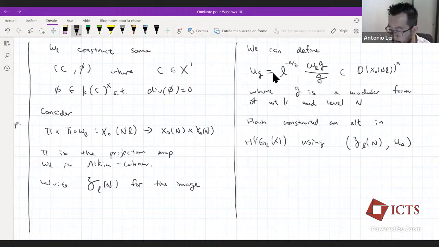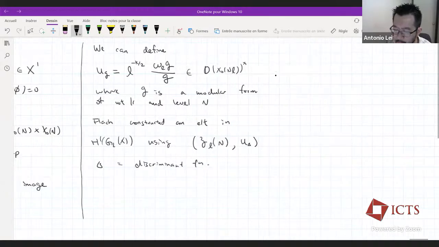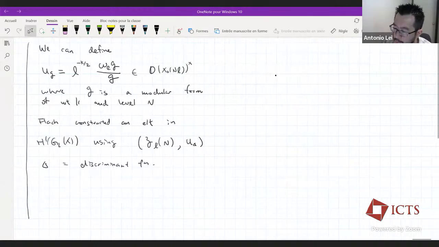So delta is the discriminant function, the weight 12 modular form. This is what Flach did in order to construct his elements, and then he used this to study the representation coming from the symmetric square.